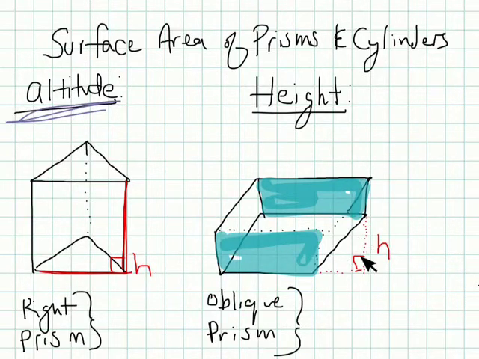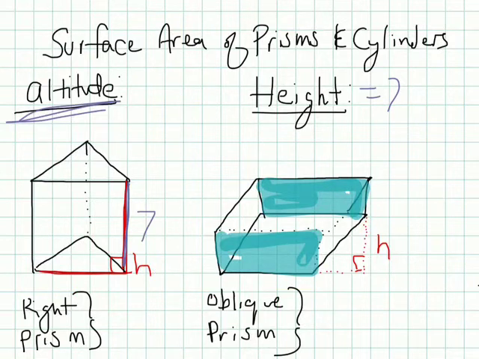So it's a perpendicular segment that joins this plane to this plane. The height is real simple. The height is just how long that is. It's the length of the altitude. So if this is 7, then the height would be 7. It's just the length of the altitude.